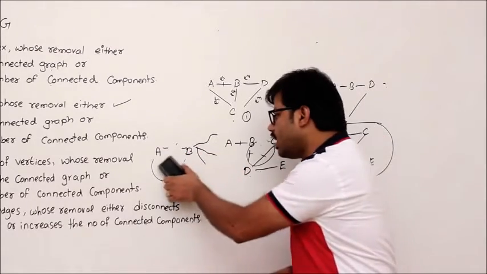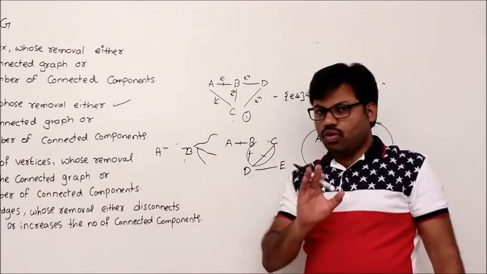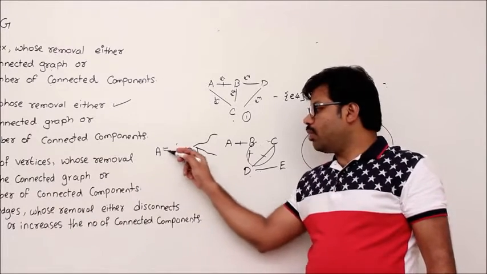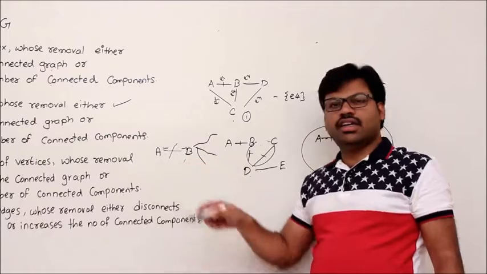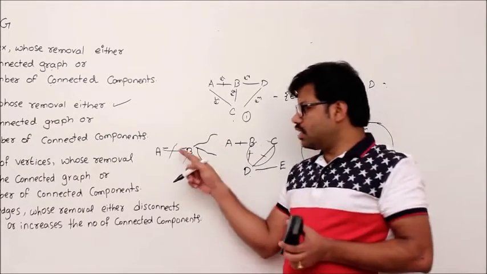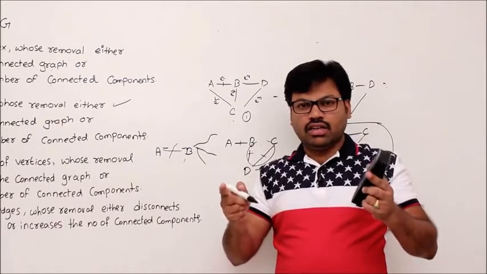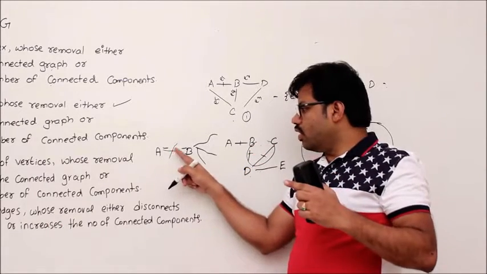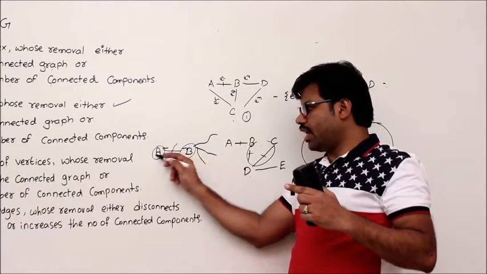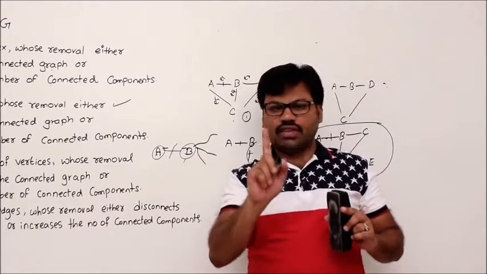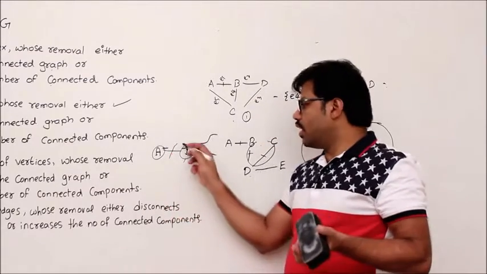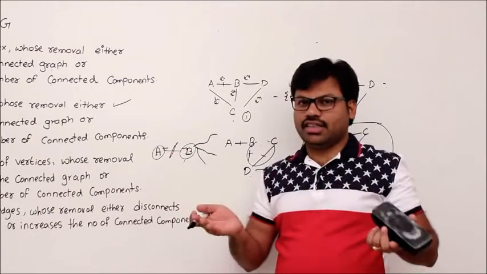If there is no cycle, then definitely there is no alternative path between A and B. There was only one path and you disconnected it, then the graph will be disconnected. That's why whenever an edge is not on a cycle, the ends of that edge, like A comma B, will have exactly one path. If you remove it, the graph will be disconnected. That's why that edge will behave like a cut edge.